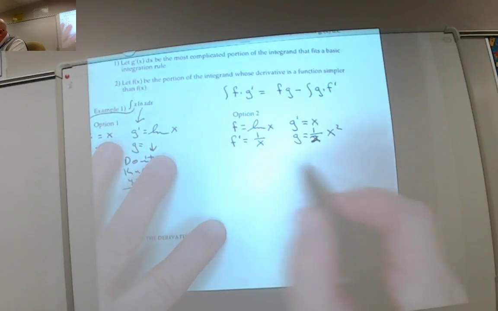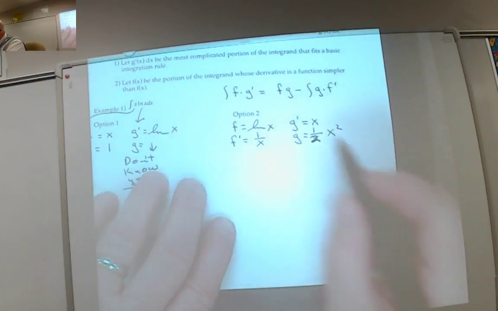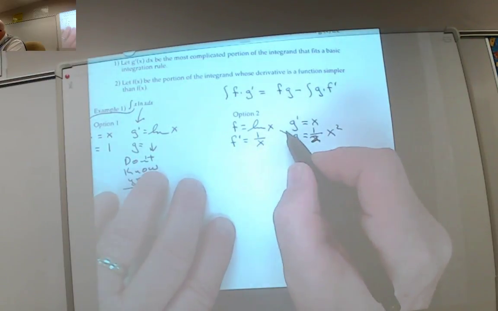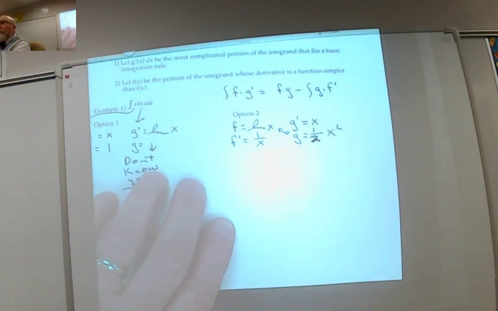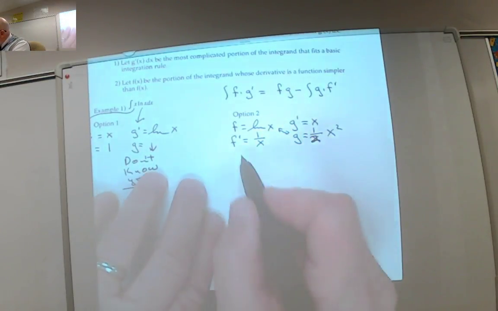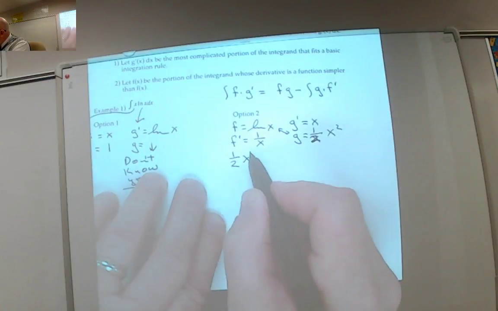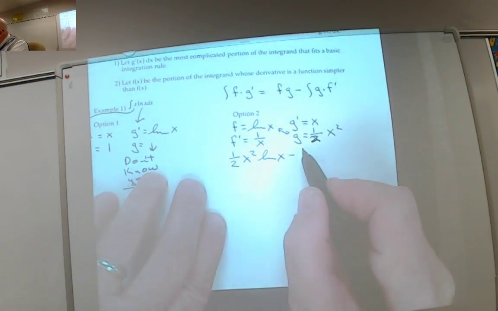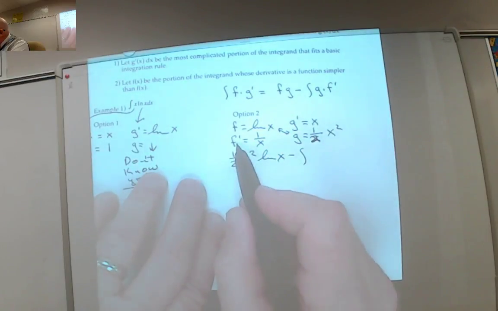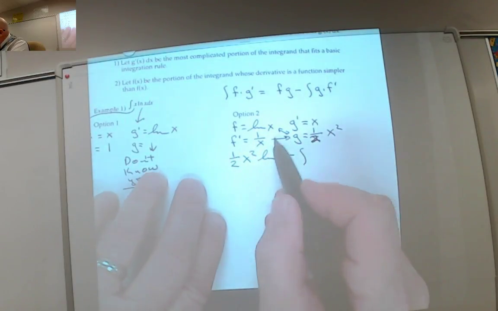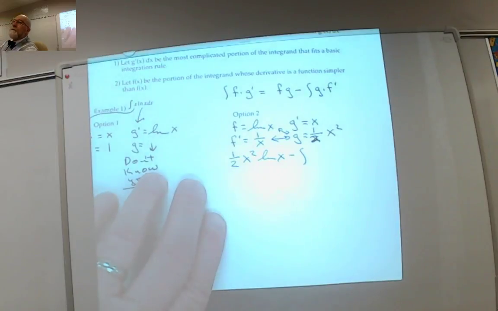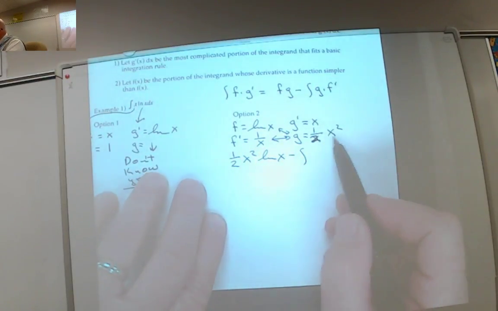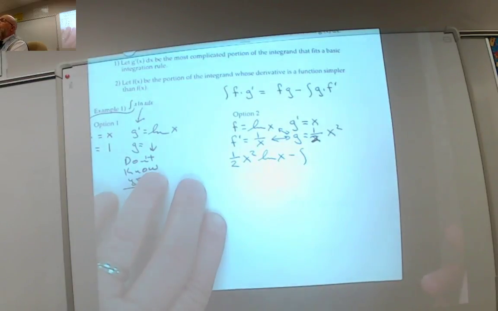So I always write them in this manner. You'll see me do this every single time. So f times g would be the product of those two. Would you agree? So it's going to be 1/2 x squared times the natural log of x minus the integral of f prime times g, those two. Jake, what is 1/2 x squared times 1 over x?